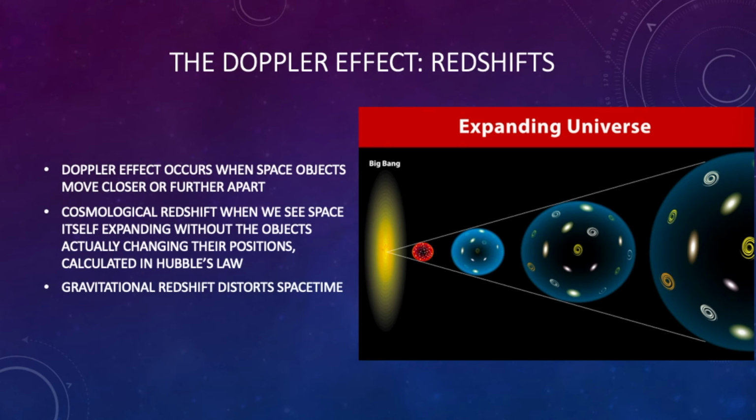All sufficiently distant light sources show redshift corresponding to the rate of increase in their distance from Earth, from Hubble's law. Gravitational redshift, being a relativistic effect observed due to strong gravitational fields which distort space-time and exert a force on light and other particles.